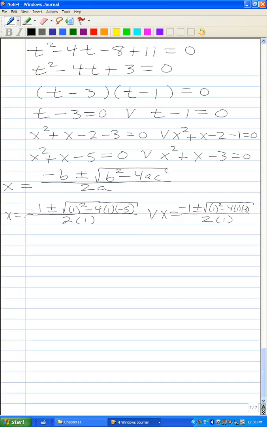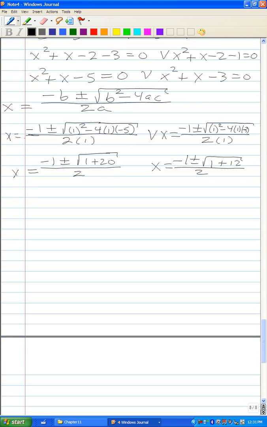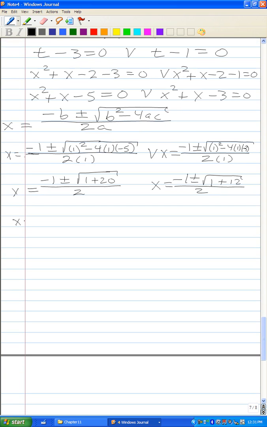So x is equal to negative b plus or minus the square root of 1 plus 20 over 2. So x is equal to negative 1 plus or minus the square root of 1 plus 12 over 2. So x is equal to negative 1 plus or minus the square root of 21 over 2.